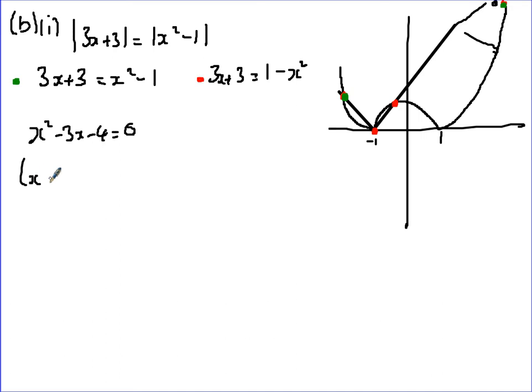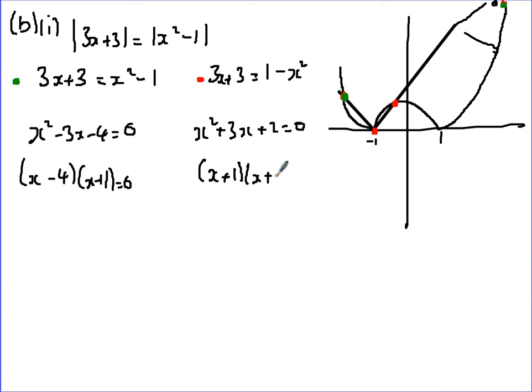That then becomes a quadratic, minus 4 and plus 1. And we solve the same thing here. Bring my x squared over to this side and bring my 1 over. Which will then give me x plus 1, x plus 2. So then I get my x values combined together to be minus 2, minus 1, and then we've got 4.